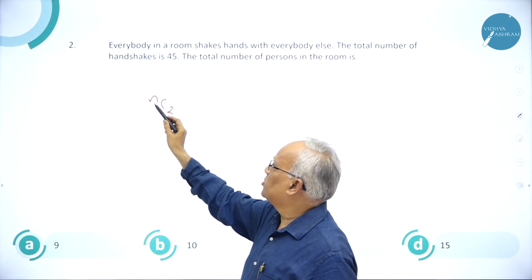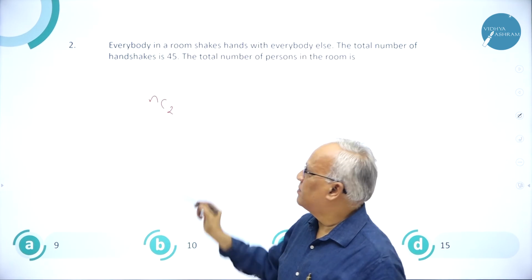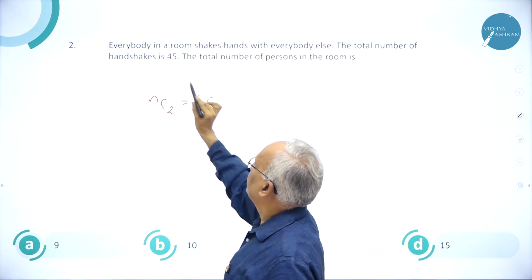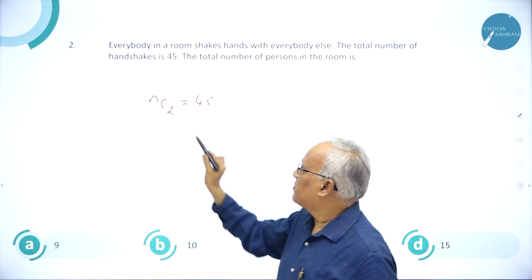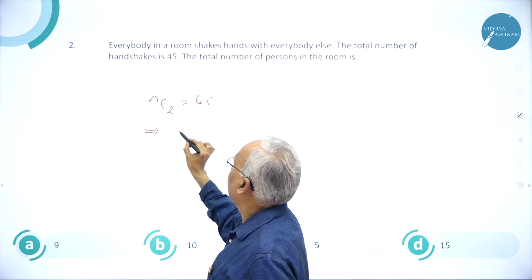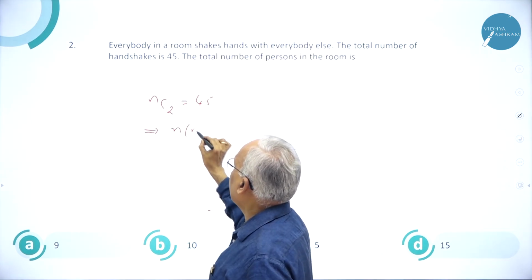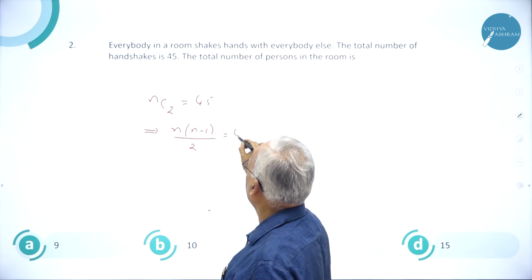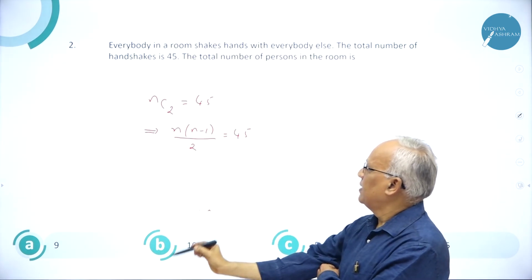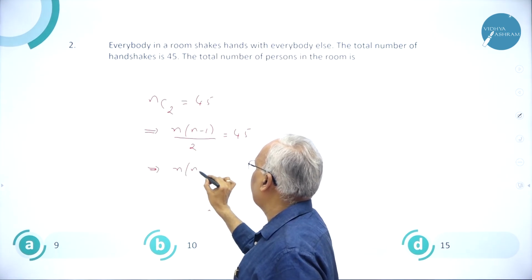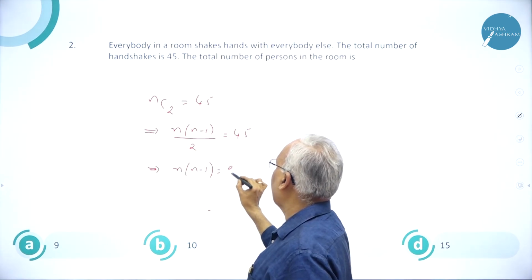So if you assume n is number of persons, number of handshakes nC2 is given to be 45. Now find n. So this implies n into (n minus 1) divided by 2 is equal to 45, and that implies n into (n minus 1) is equal to 90.